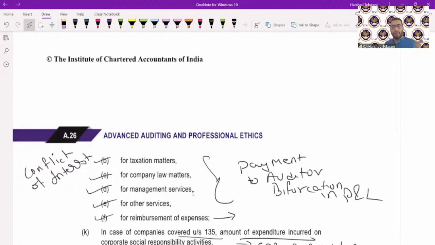In that case, you disclose the amount paid to that particular firm also over here. What if the same auditor is taking up management consultancy services, which is not allowed? This way you will also know that an amount is being paid for management services which is not allowed. So that disclosure will also help you keep in check that something inappropriate is not happening. Both ways you can see.